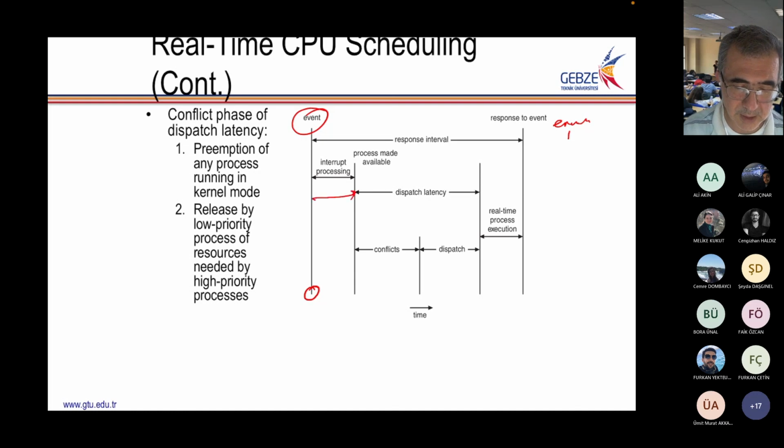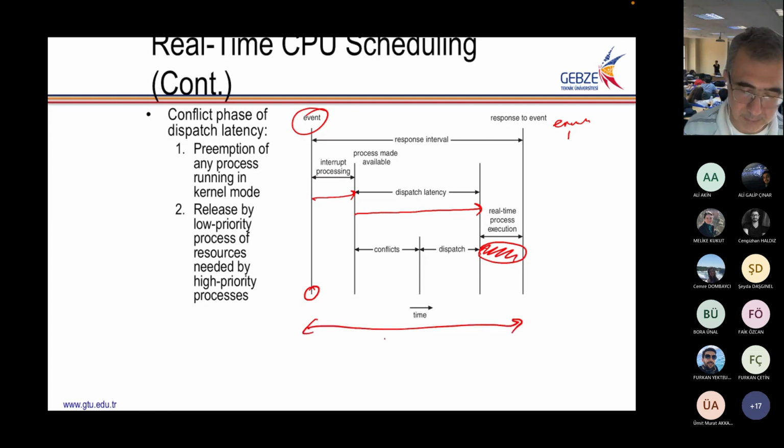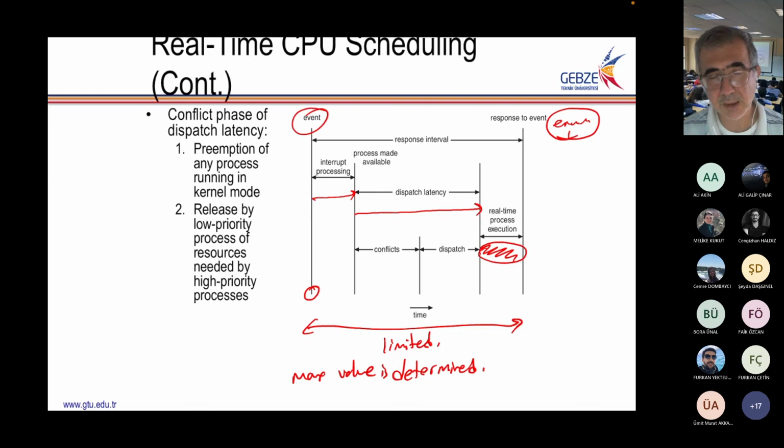When the event happens, there is some interrupt processing time, dispatch scheduling time, and then process execution. This part can be longer, of course, but the total size is limited. I mean, determined. The maximum value is determined so that another event can be processed freely without any problem.